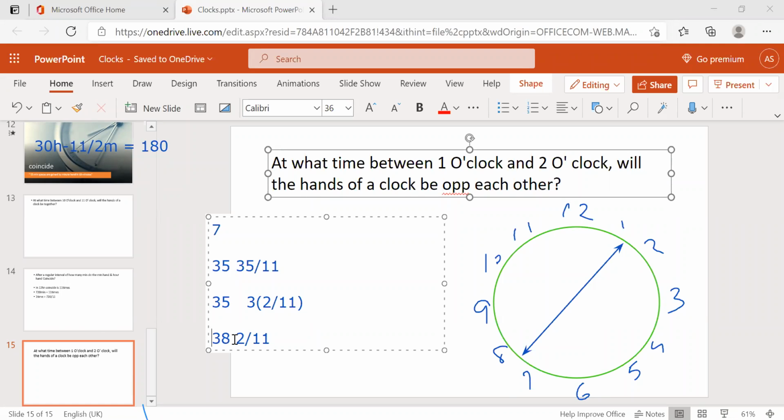So exactly at 1 hour, 38 2 by 11 minutes, we will see both hands are opposite to each other, one lying between 1 and 2 and another between 7 and 8. Okay, is it clear? This is the same thing we are following for coincide and the next one also.